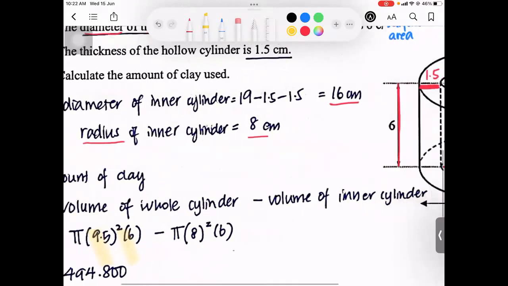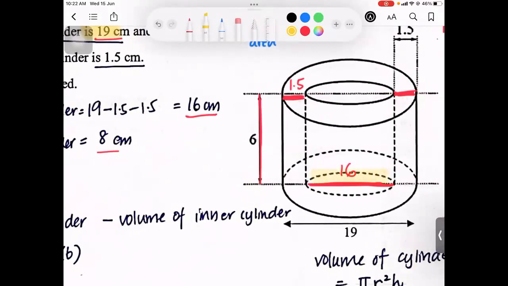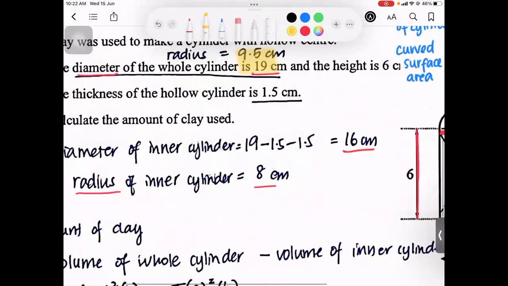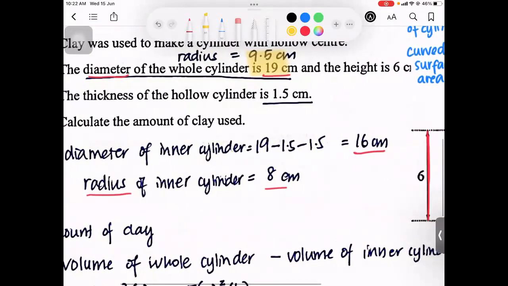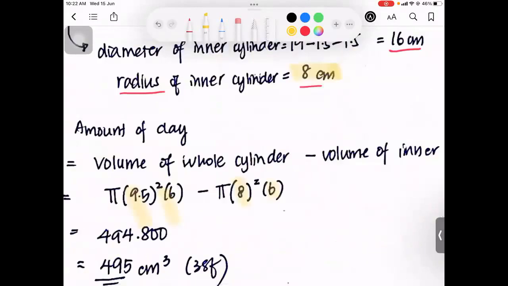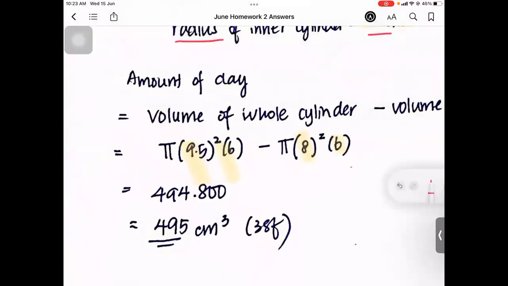Minus away the volume of the inner cylinder. The inner cylinder is this one, the smaller one over here. So diameter is 16, radius is 8. So pi r squared, height still the same height as observed from the diagram, h. Then since this one is not accurate because of pi, answer 3 significant figures. Okay, so this one is the answer.